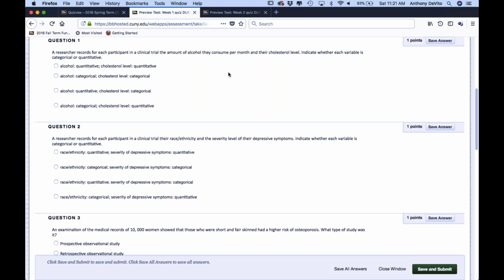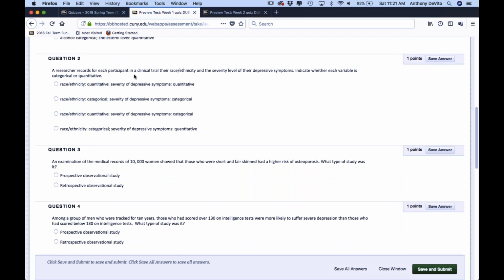Or ordinal. And ordinal is, again, basically a categorical variable, but it has an order, like good, fair, poor, and so on and so forth. It's not just a name like redheaded, blonde, brunette, or something like that. So both of these are quantitative variables. So quantitative and quantitative is the only one that identifies both of these as quantitative. So we look at that.